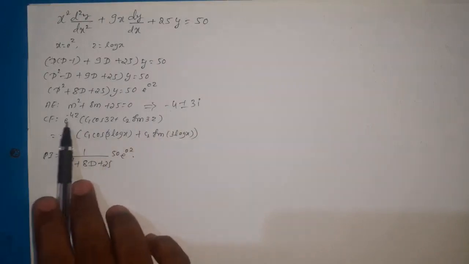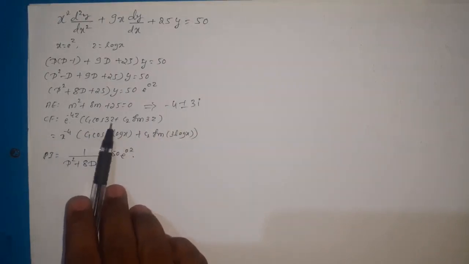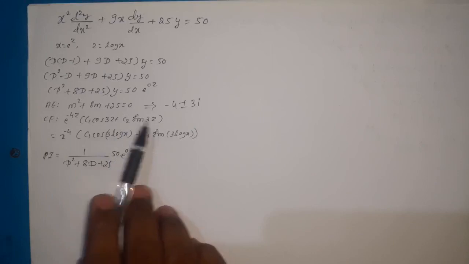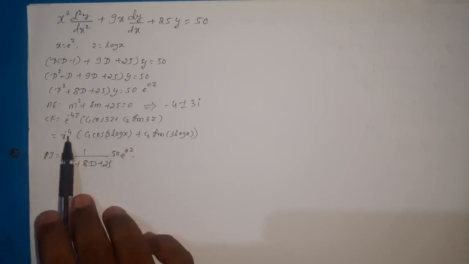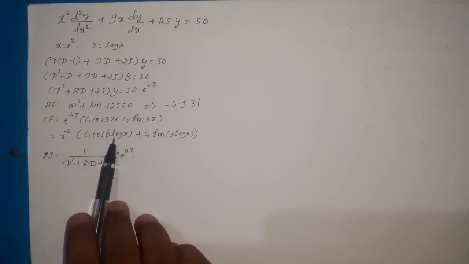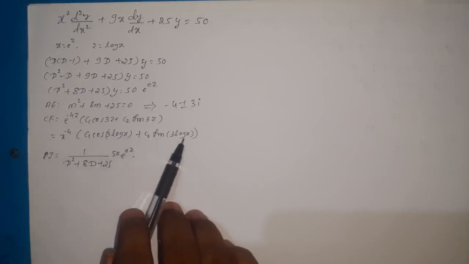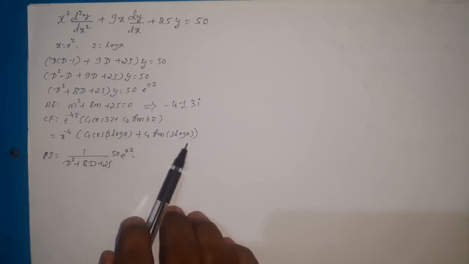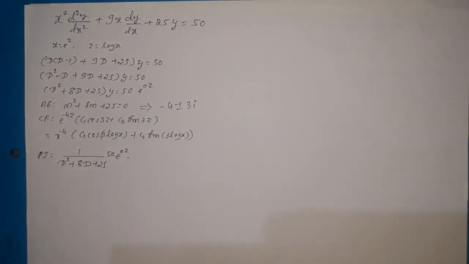So for that e power minus 4z c1 cos 3z plus c2 sin 3z, then it is x power minus 4 because e power z equal to x, and c1 cos 3 log x plus c2 sin 3 log x since z equal to log x. So already we have discussed how the complementary function will become a function of x from function of z.